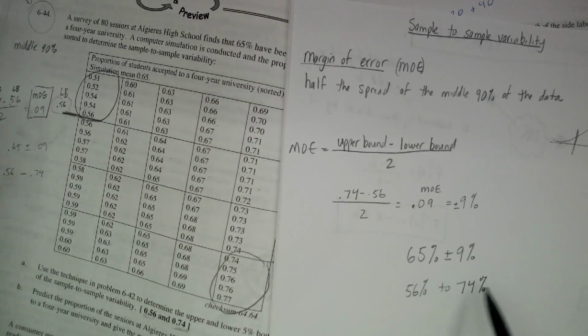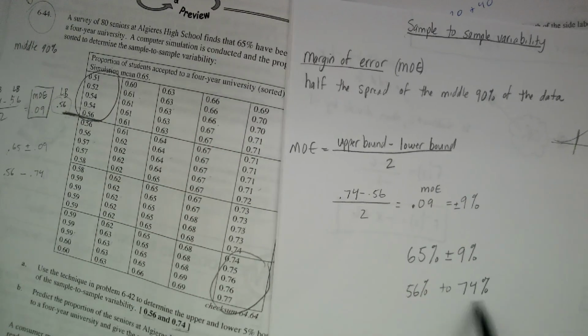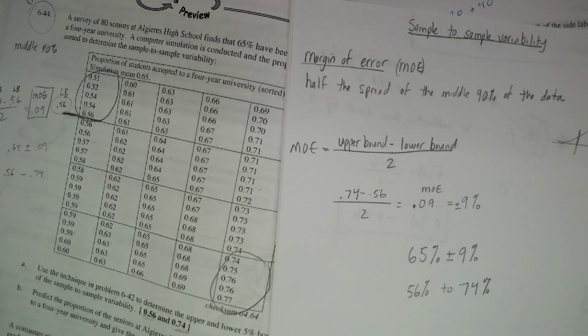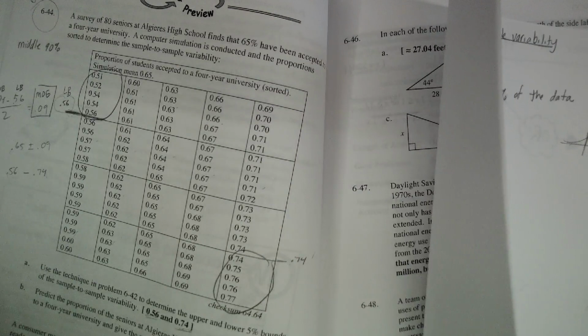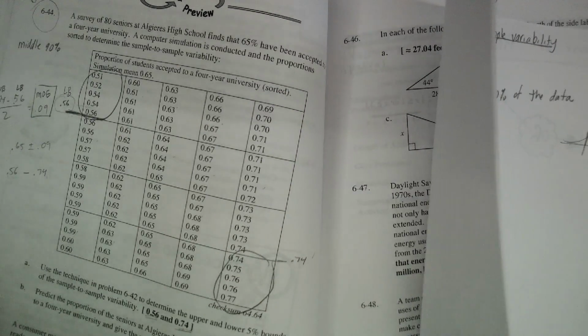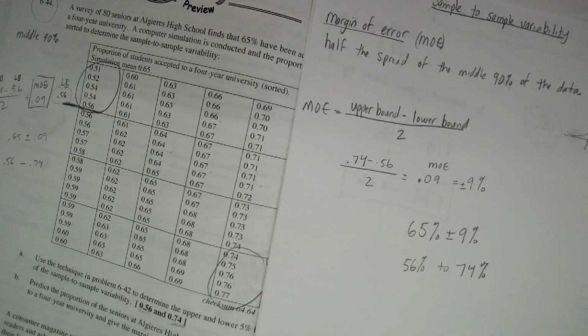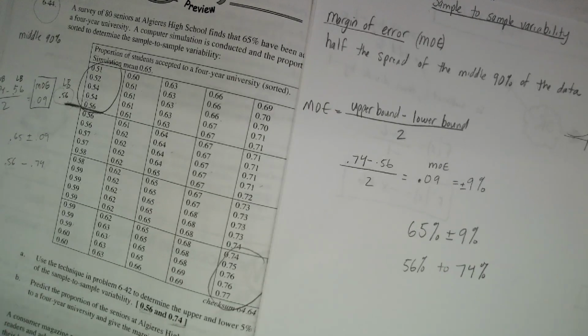So between 56 and 74% of the students have been accepted. Okay, and I think that answers it.